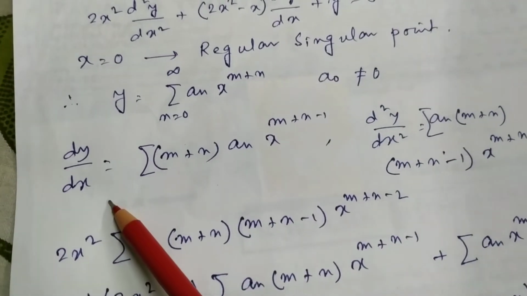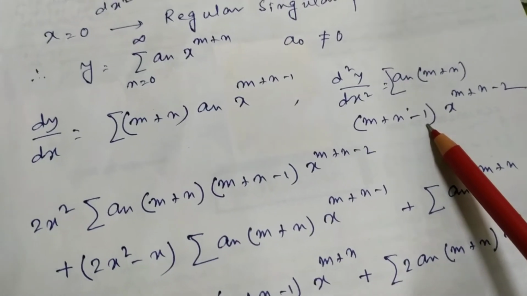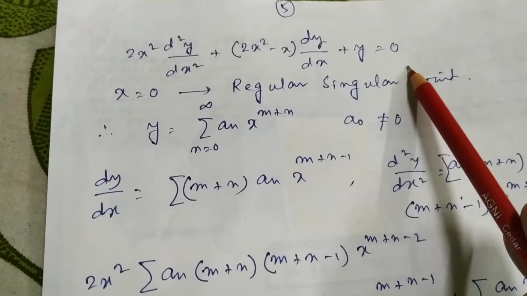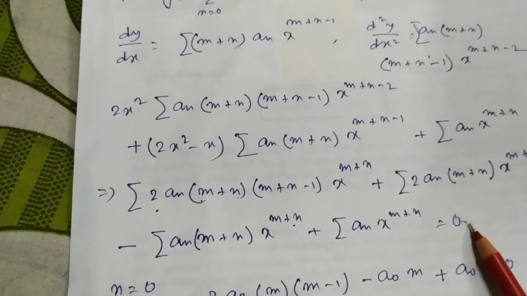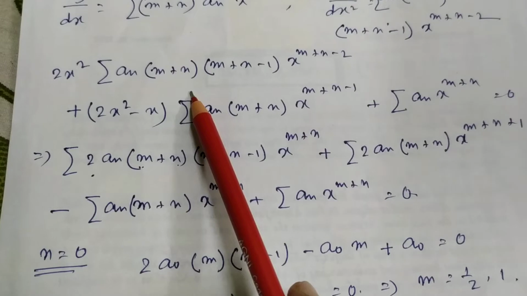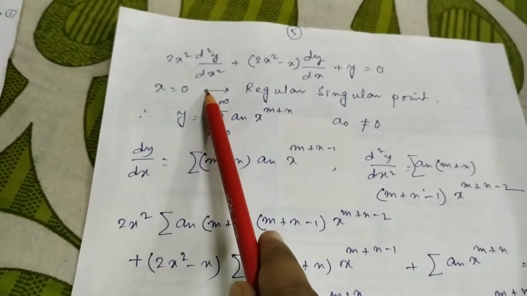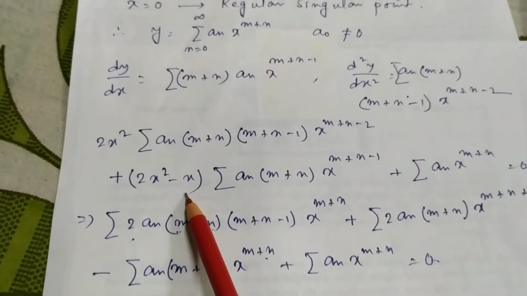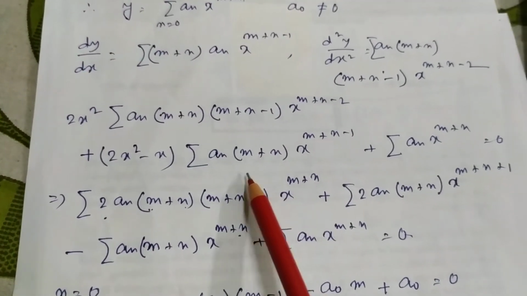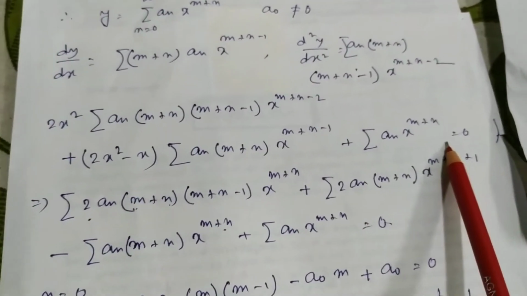Now let us find dy dx and d2y dx2. Let us put y, dy dx and d2y dx2 in that equation. Putting this, we will get this identity: summation of 2x squared a n (m plus n)(m plus n minus 1) x to the power m plus n minus 2, plus (2x squared minus x) a n (m plus n) x to the power m plus n minus 1, plus summation of a n x to the power m plus n equal to 0.